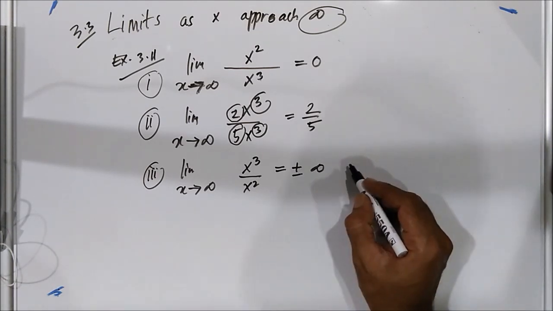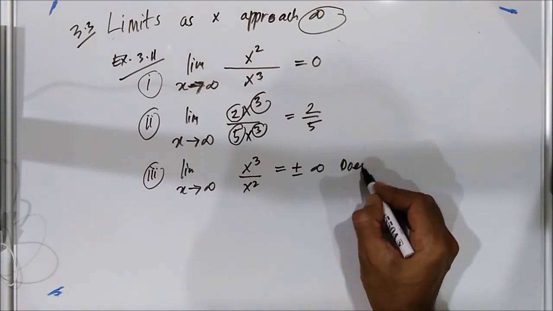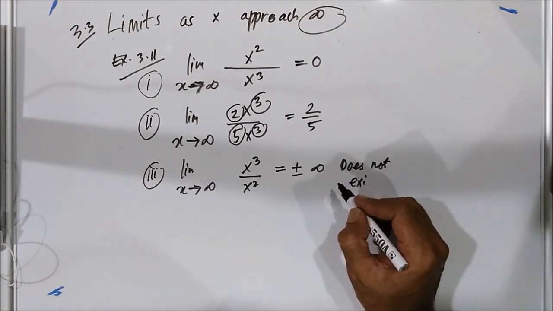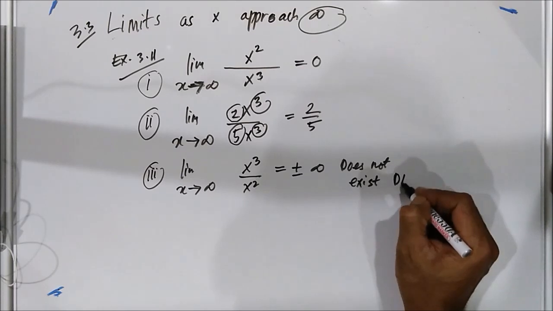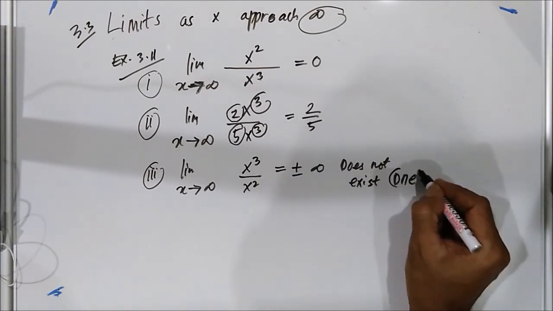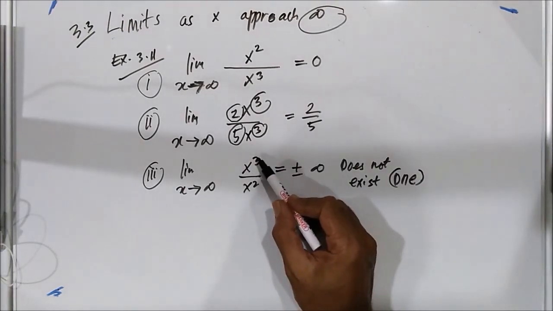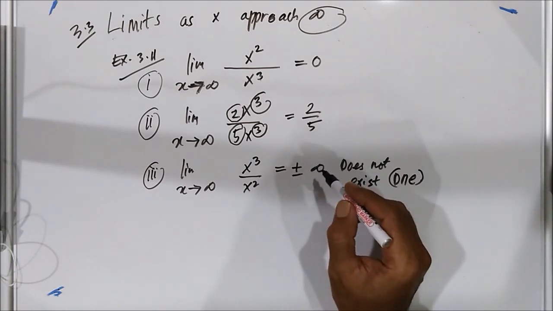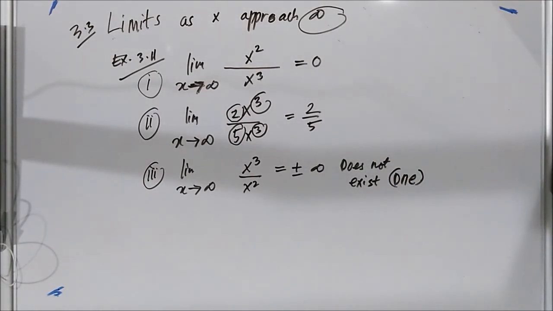You can write DNE, the limit does not exist. So if the power in the numerator is greater than the denominator, the answer is plus or minus infinity, or the limit does not exist. That is how you solve x approaching infinity.